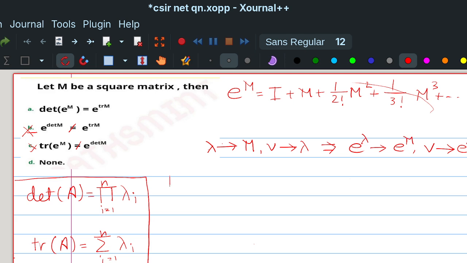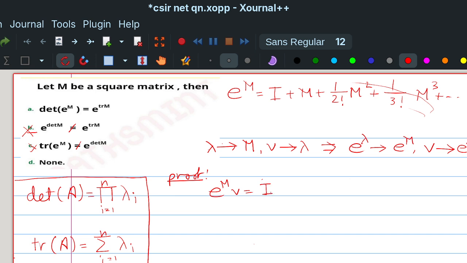So how to prove that? Just write it this way: e to the power M into v is equal to, and we put the whole expression here.